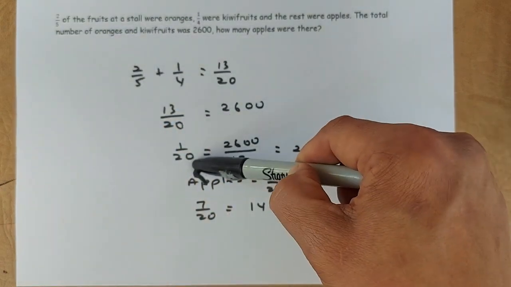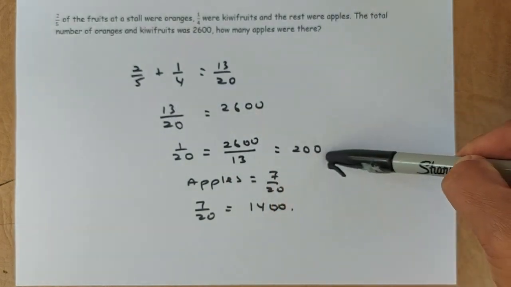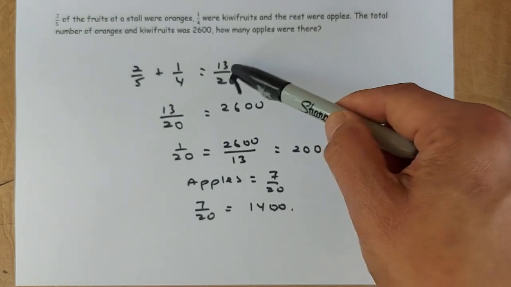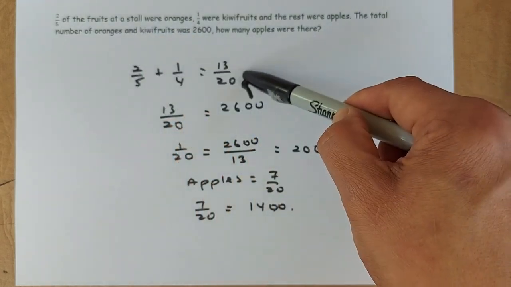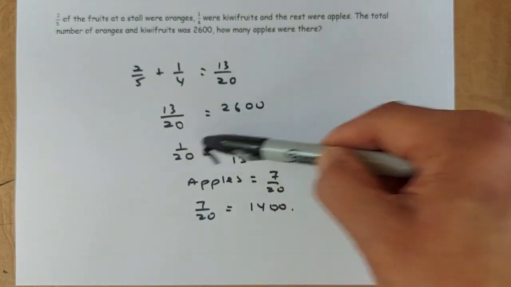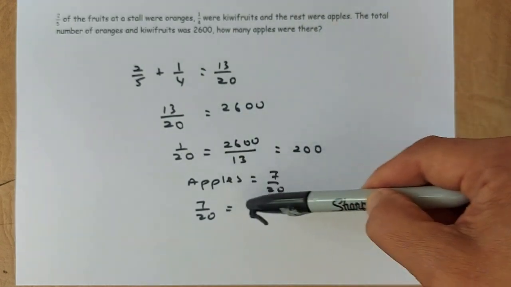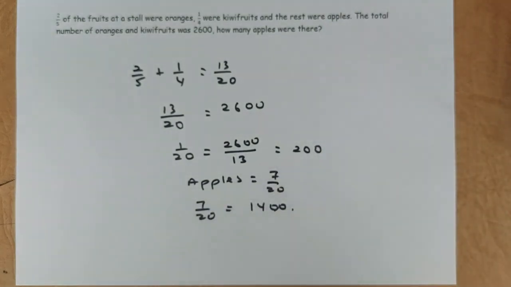So you need to find 1/20. 1/20 is 2600 divided by 13, which is 200. And how many apples are there? If there are 13/20 oranges and kiwi fruit, there will be 7 over 20 because the rest were apples. So one part is 200. 7 parts is going to be 200 times 7, which is 1,400. And that will give you the final 2 marks in the exam.